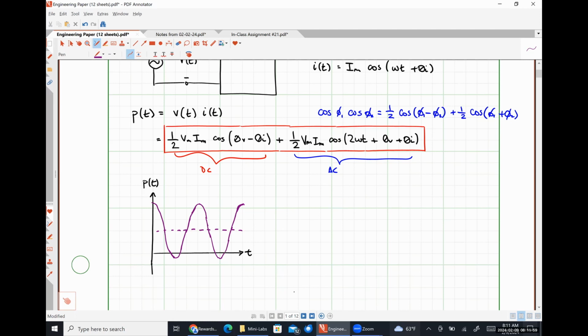And anytime that our power is negative, that means our network is actually supplying power back to the source. So we have some specific instances here and here where our network is actually acting as the source and is sending power back to the excitation source in the system.